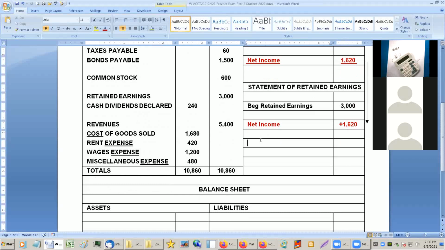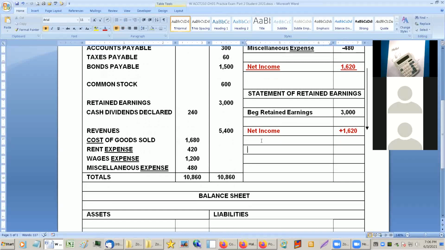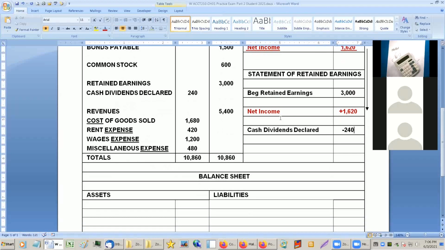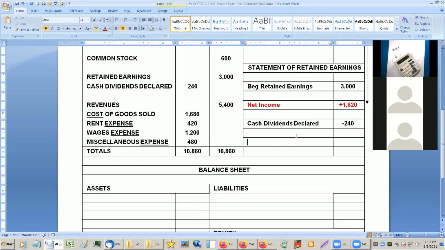They made another $1,620. They took some money out. Took out 240. Whatever that is, $43.80.